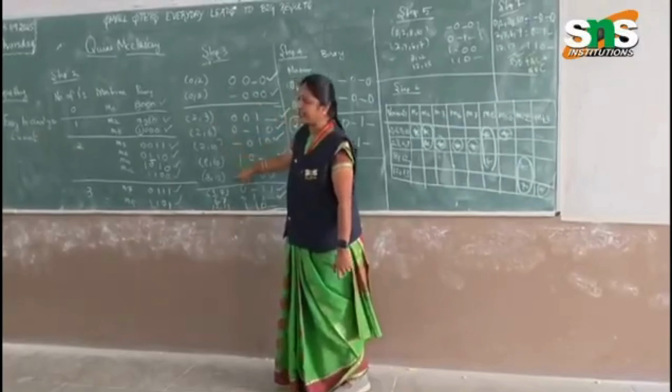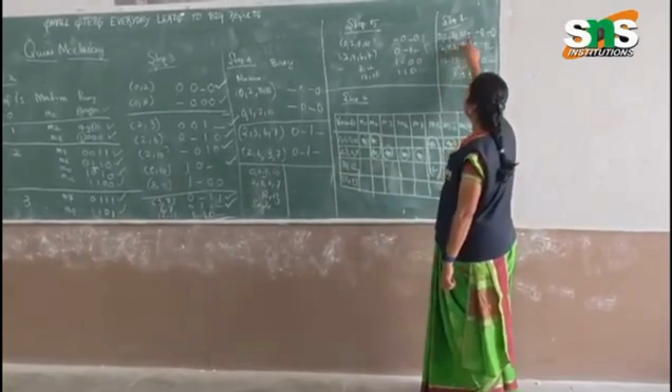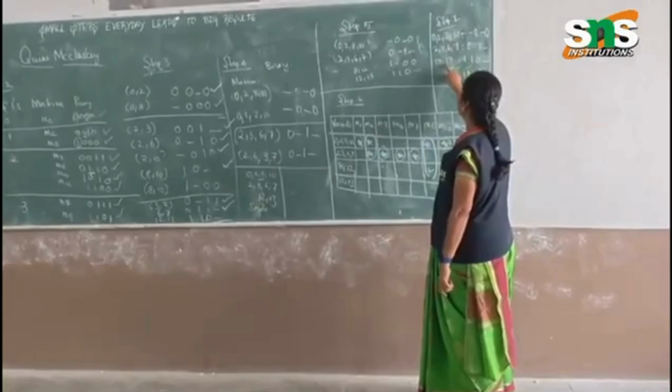The last step is to tabulate all the prime implicants and essential implicants. We put star marks for the minterms covered, and again compare for one star and two stars. So the final answer is 0, 2, 8, 10; 2, 3, 6, 7; 12, 13.